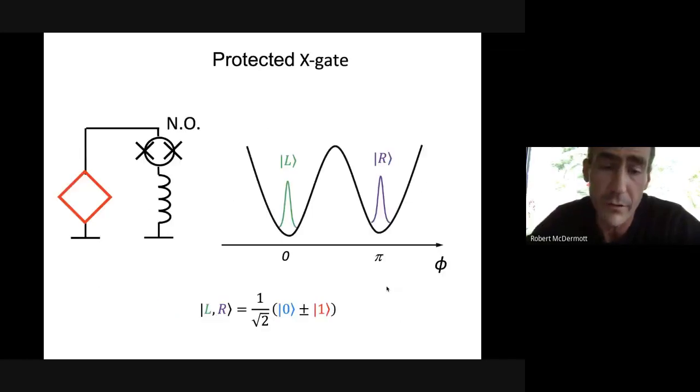In the case of the X gate, we're basically doing the same thing here, but now what we do is we take our plaquette and we connect it to a very large superinductance via a squid switch that is normally open. And it's easiest to think about this gate not in the basis of charge, but in the 0 pi basis, where we have states that are localized in the 0 well and in the pi well.